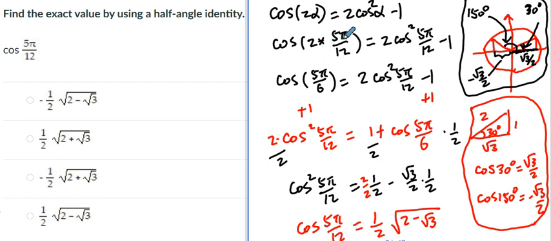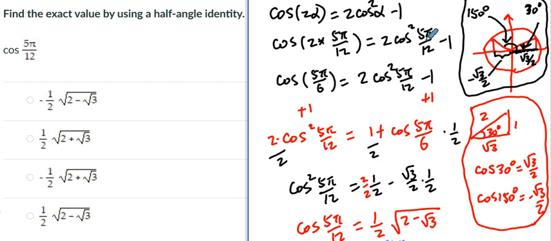So 2 times 5 pi over 12. If here is 5 pi over 12, you just need to solve for cosine 5 pi over 12. You will find this value. So the rest of the steps are just to solve it.